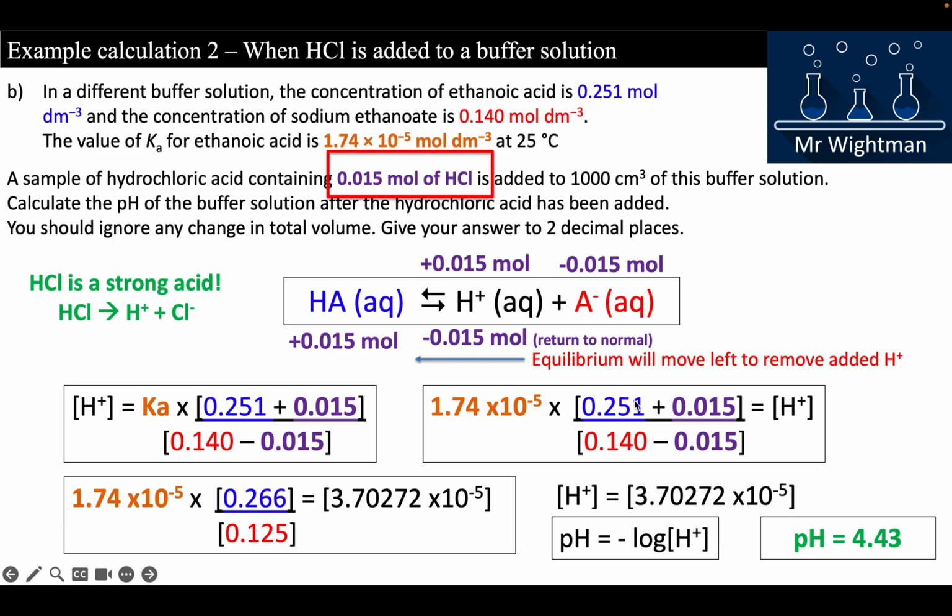And the reason why I can do the concentration value minus the mole value is because it says the total volume is already a litre. So 0.015 in 1,000 is 0.015 moles per dm cubed. So this is a concentration effectively. But bear in mind that some questions will require you to work out a new total volume. And this question also says ignore any changes in total volume anyway. So it's not a problem in this case.